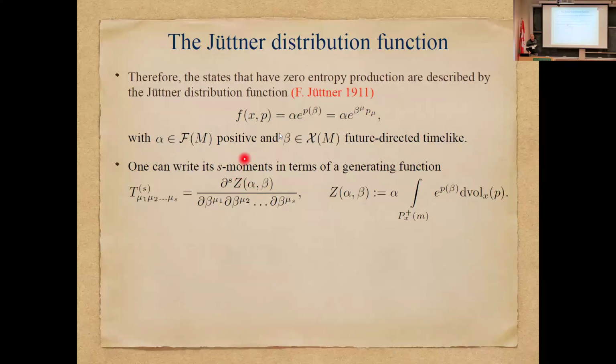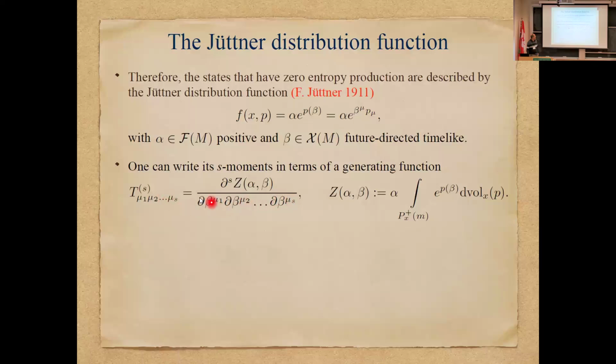And you can compute this in a nice way through these tricks from statistical mechanics. So you define a generating function, which is just the integral over p of the distribution function over the future mass shell. And then if you take partial derivatives with respect to beta, this will give you this S tensor.